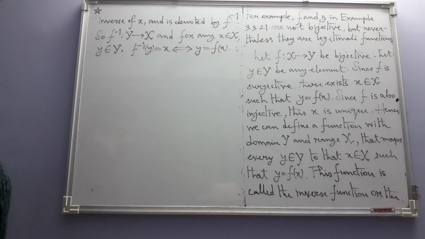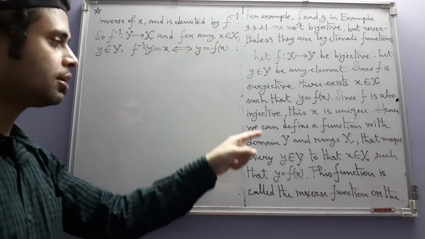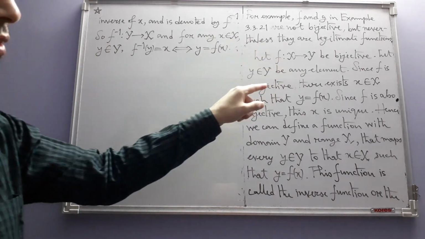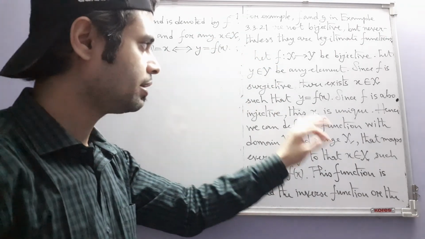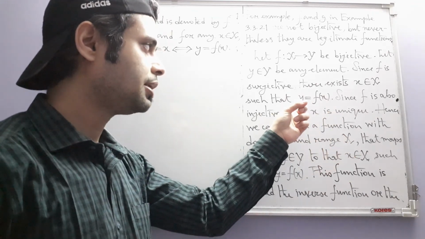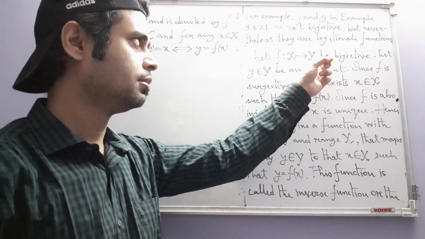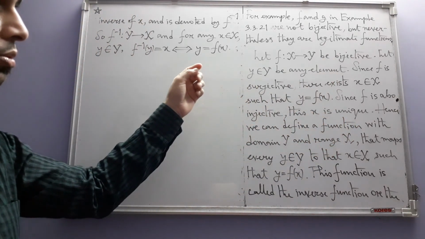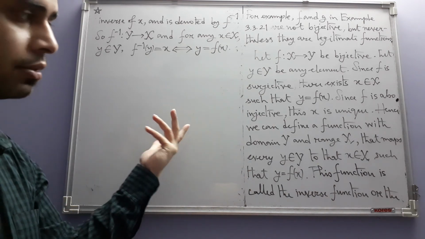Note one more thing, that this function can only be defined when our original function f is bijective. If f fails to be, say, surjective, then there will be at least one y in Y for which we will not be able to find any x. So we cannot define the function.